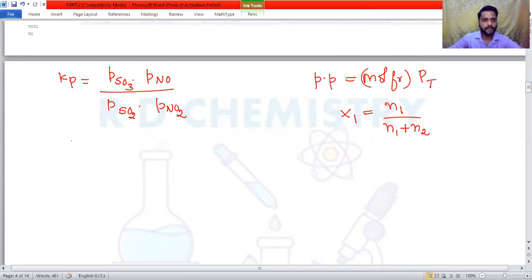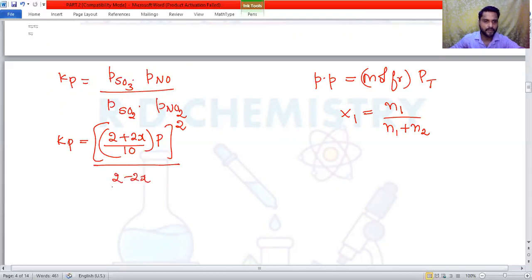Now we'll simplify. Kp is equal to, on the product side, we have 2 plus 2x moles divided by total number of moles 10, times the total pressure, let it be P. The same term repeats for the other product, so we'll square it, divided by, on the reactant side, 2 minus 2x remaining divided by 10 times the total pressure, and for both reactants the same term, so square it.